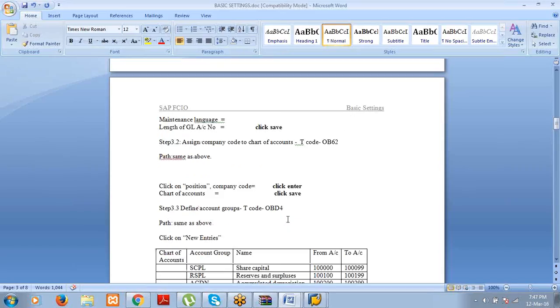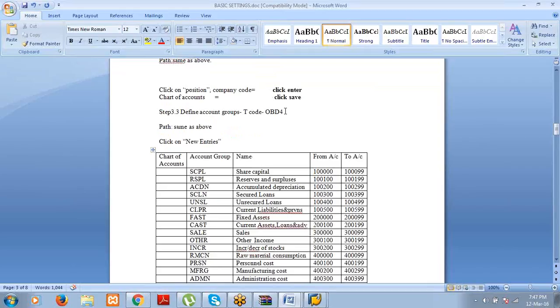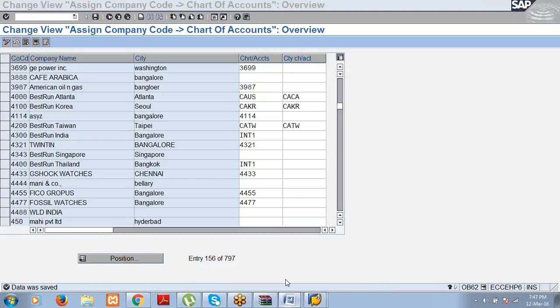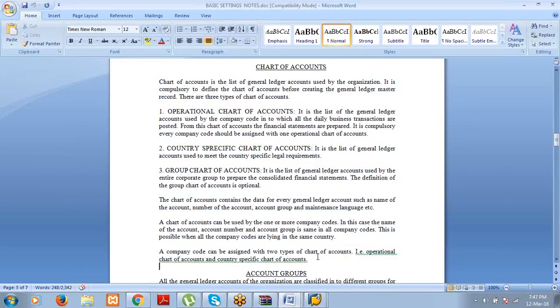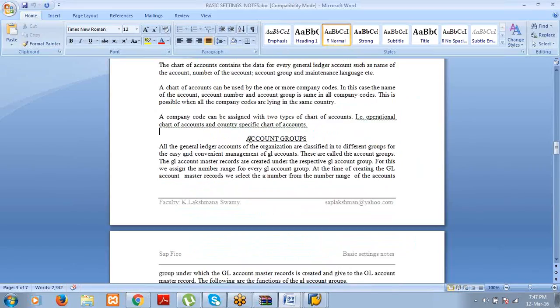See the next topic. Define account groups. First I will explain the concept of account groups.